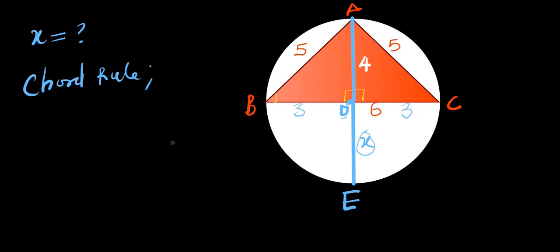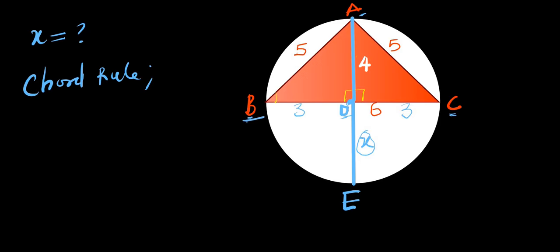And this rule states that if you have length BD times length DC, it will equal length AD times length DE.